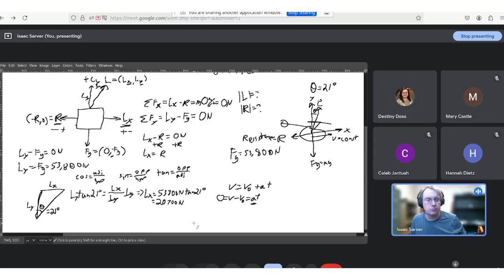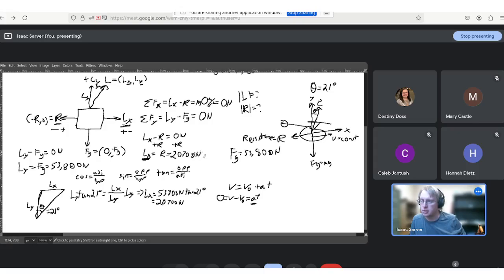Oh, well, I know what. Isn't there somewhere I needed my Lx? Wasn't there somewhere I needed my Lx right here? So what does that mean my R is? 20,700 newtons.